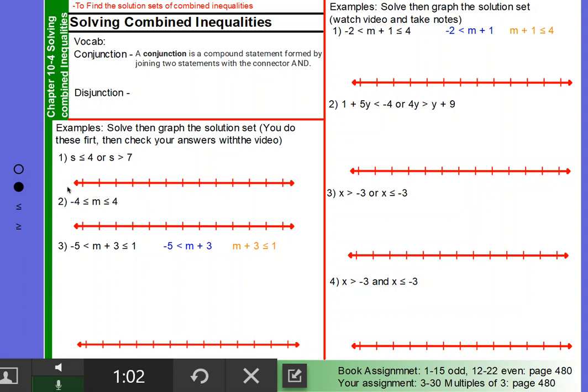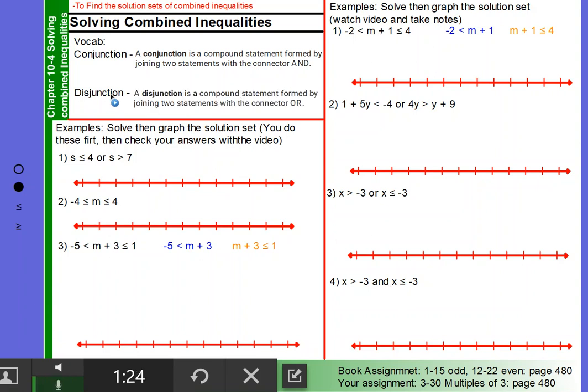Well, this problem right here is a conjunction because M has to be greater than negative 4, but M also has to be less than 4. This is another example of a conjunction, as are some of this example here and this example here.